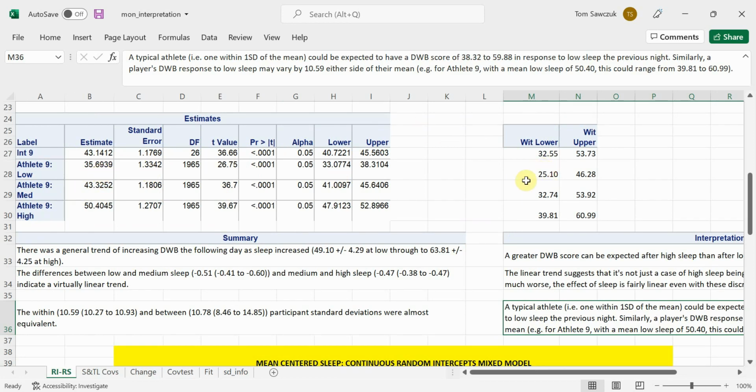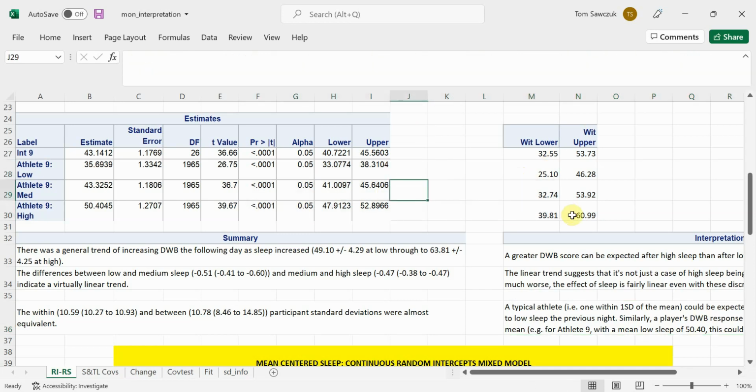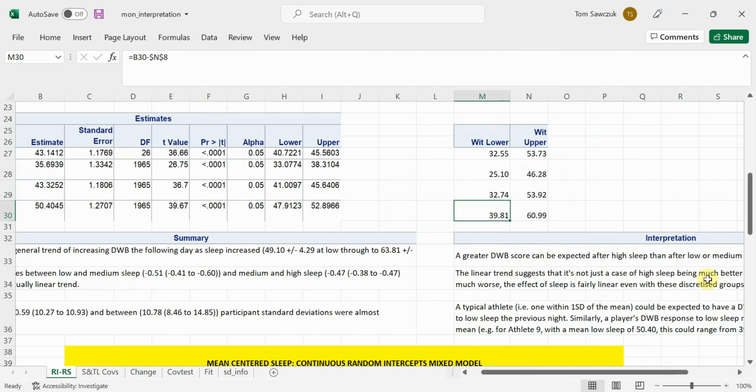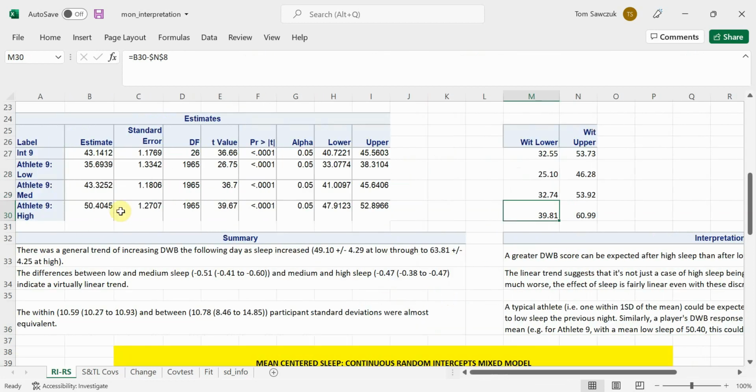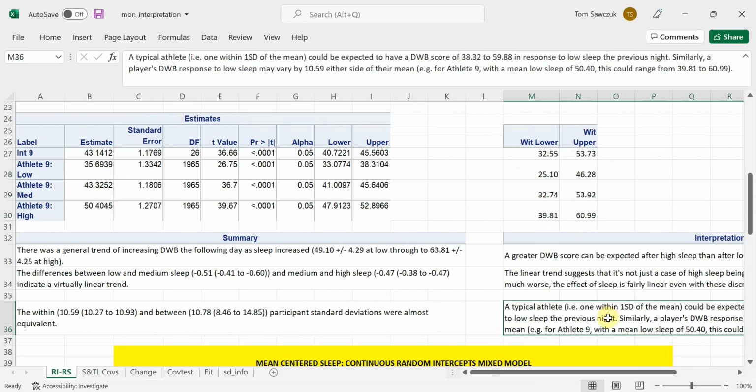If we subtract athlete 9's, so I've done that for high sleep. Okay, even better, so I made a mistake here. So athlete 9's low sleep is 35.69, which means one standard deviation below is 25.1, and one standard deviation above is 46.28. So let's change that now.